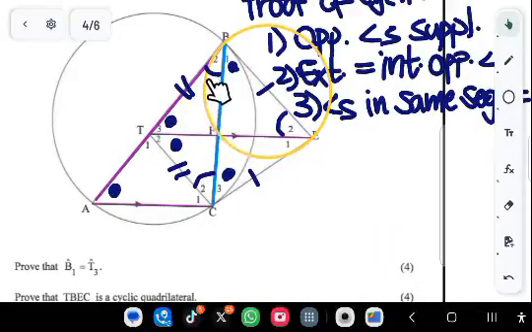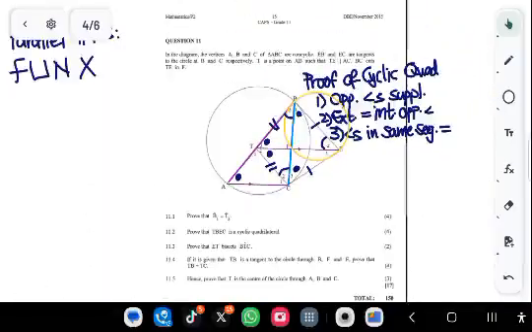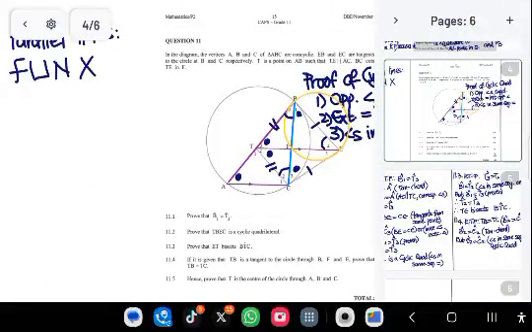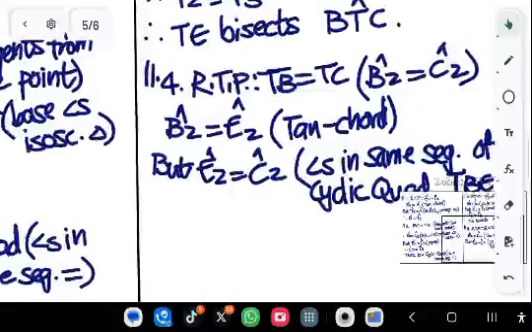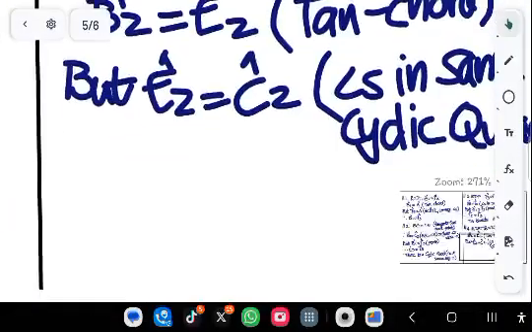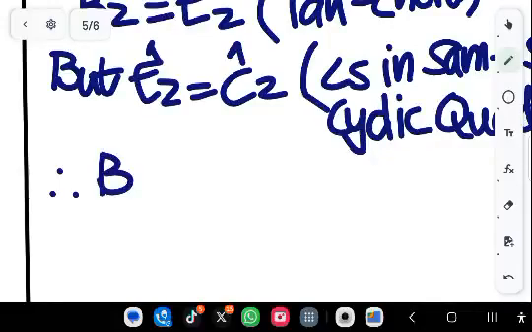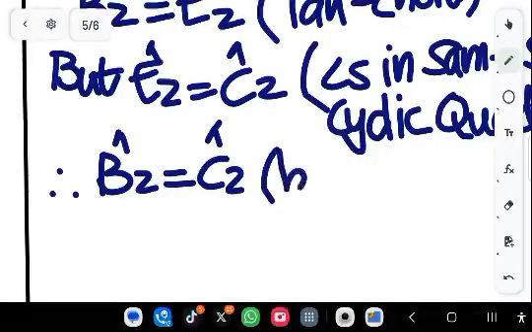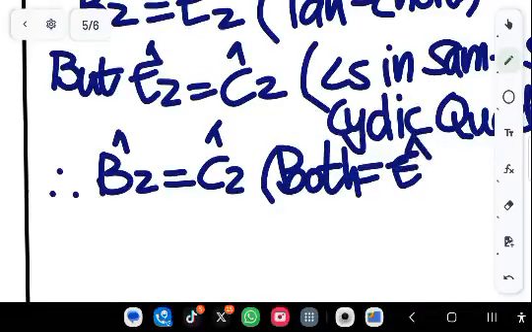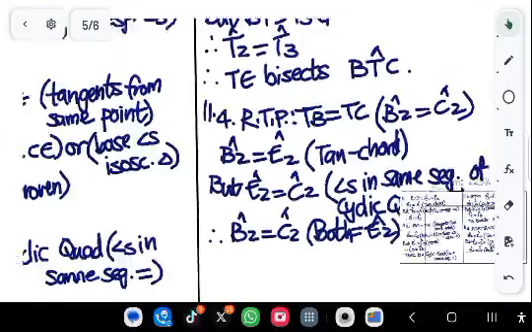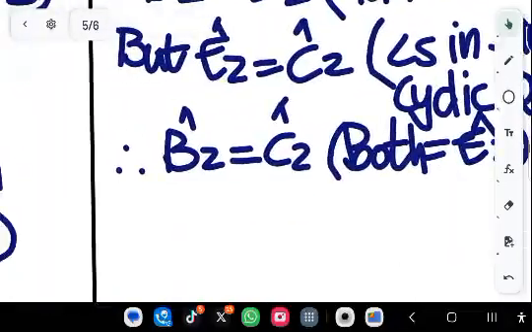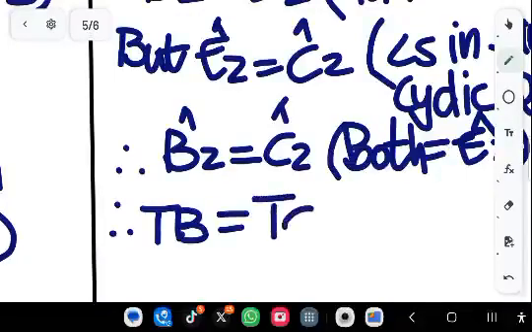Therefore, angle C2 equals angle B2. Both are equal to angle E2. Therefore, angle B2 is equal to angle C2, meaning that TB equals TC.